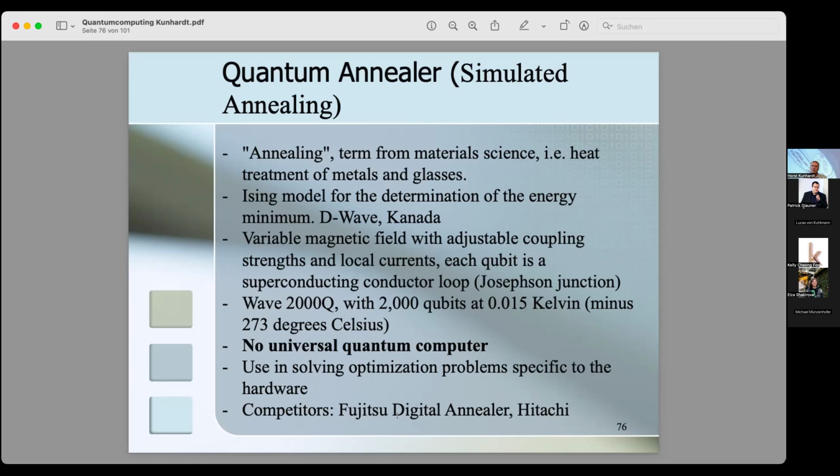It works with quantum physics, with quantum technology, but this is not a classical universal quantum computer, and therefore it is very well used, and a lot of research for these kind of problems solved with a quantum annealer. Other competitors of D-Wave are Fujitsu and Hitachi in this field.